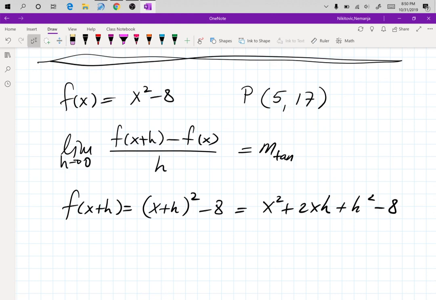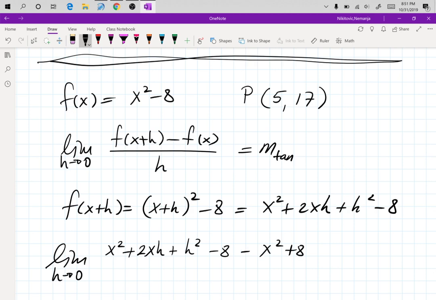And now we plug everything in. Limit as h goes to 0 of x squared plus 2xh plus h squared minus 8 minus f of x, which is x squared plus 8 when you take care of the negative sign.